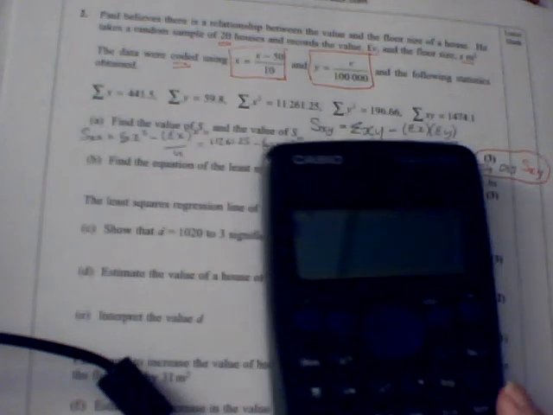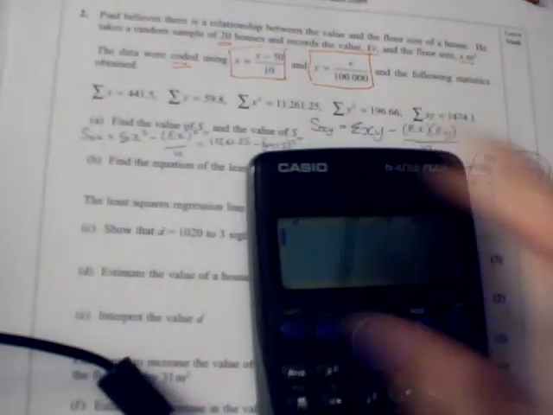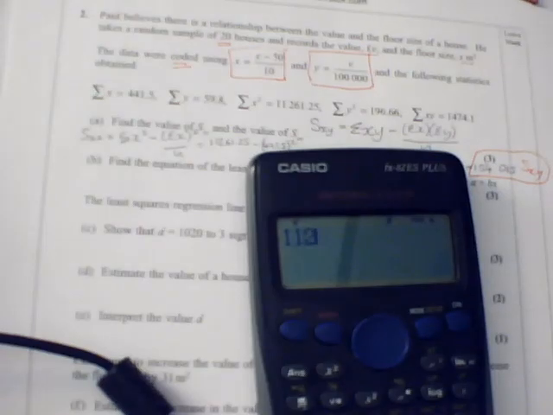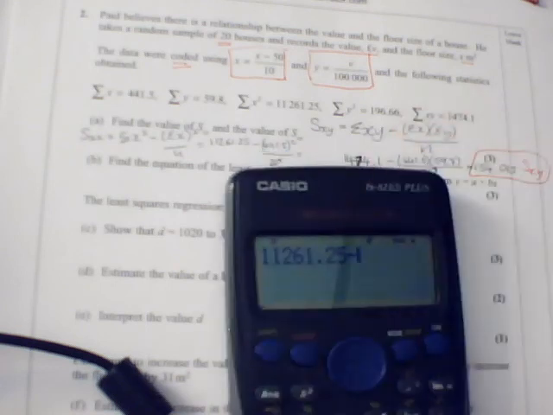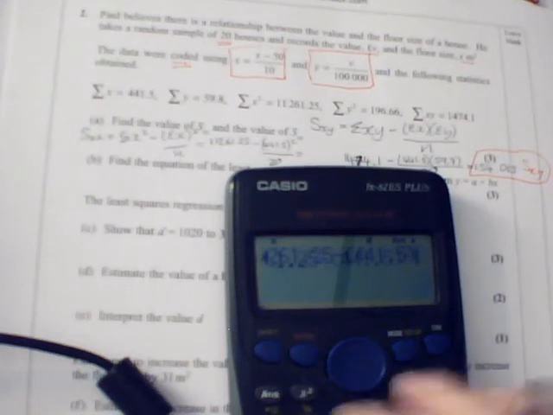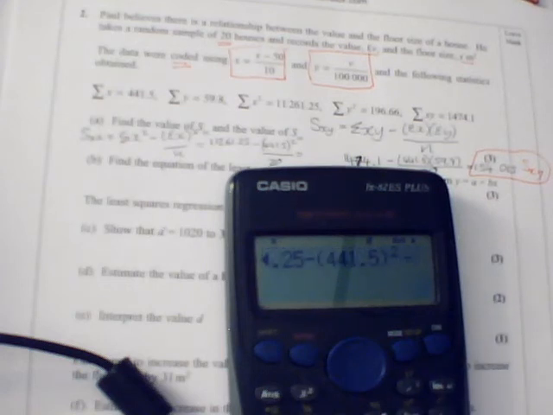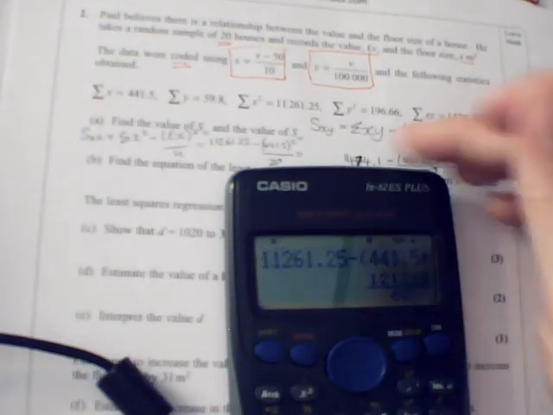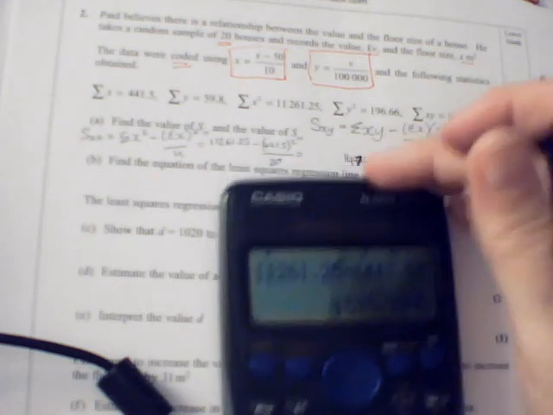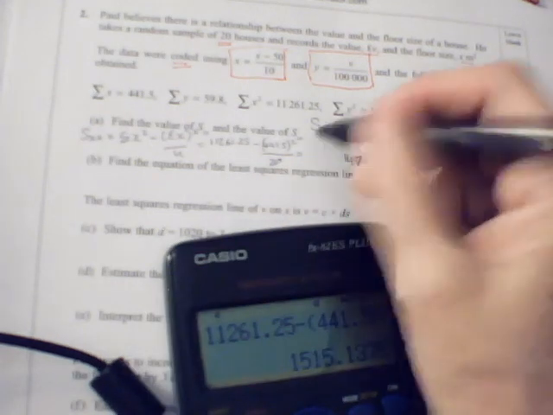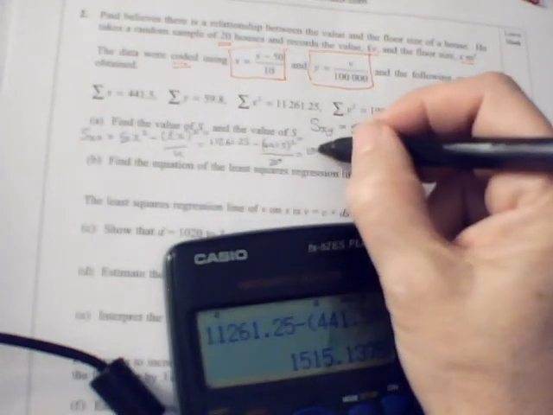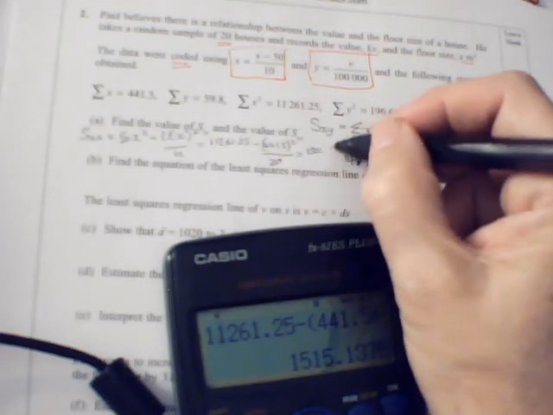Right, so here we go. It is 11,261.25 minus bracket 441.5 close bracket squared divided by 20 equals 1515.1375.